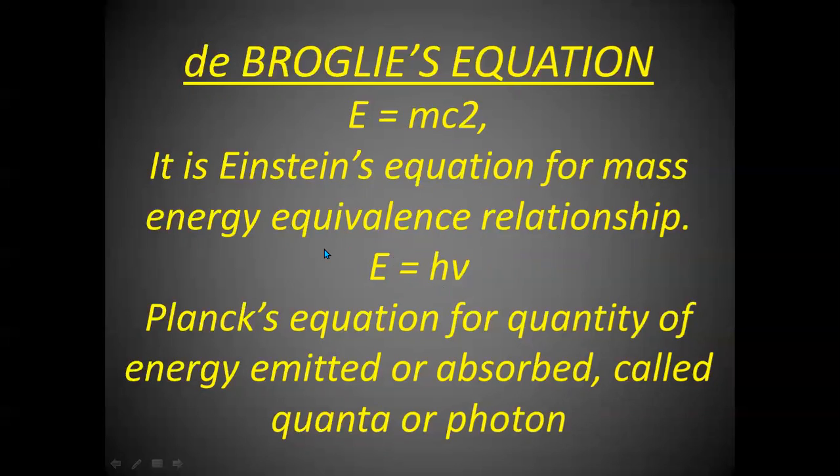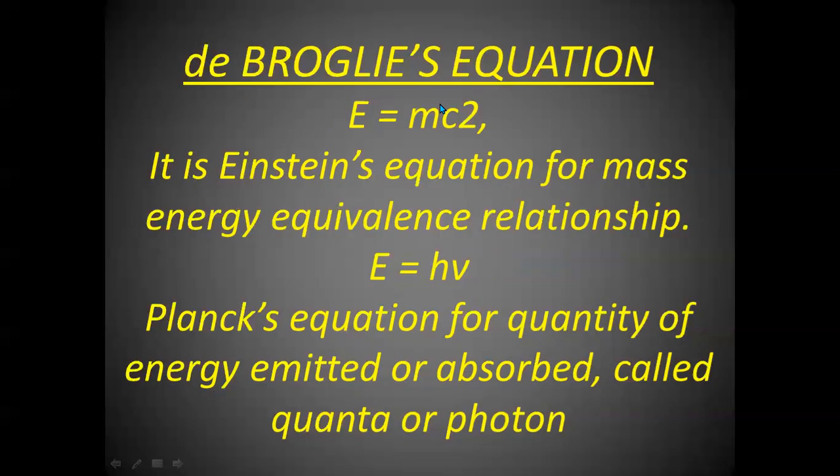The other equation is from Planck's theory, according to which a body can emit or absorb energy in quanta or photons, and the quantum of energy in this photon is given by h nu, where h is Planck's constant, whose value is 6.626 into 10 to the power minus 34 joule second, and nu is the frequency of radiation emitted or absorbed.